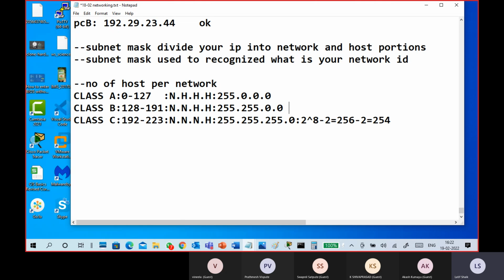Next, 2 to the power of 16. Why is it 16? Because two octets are there, each octet is 8 bits.